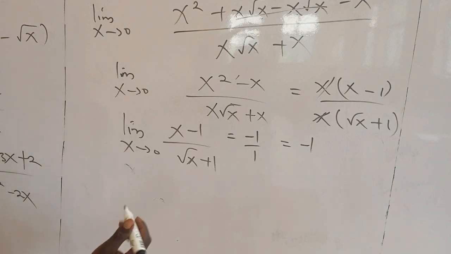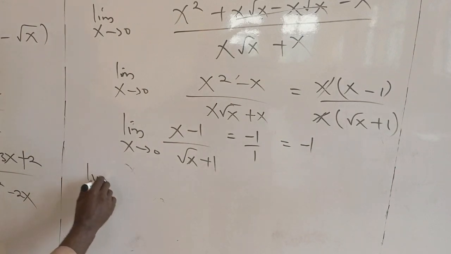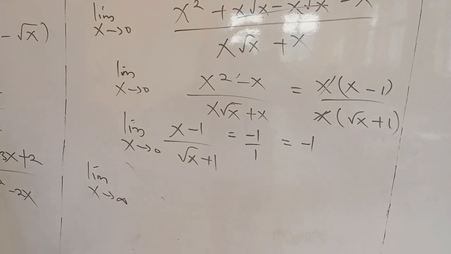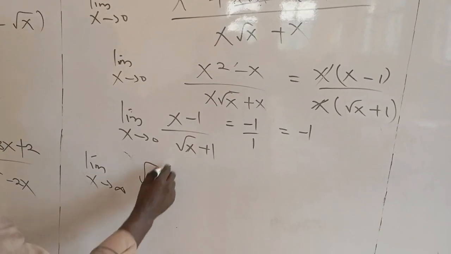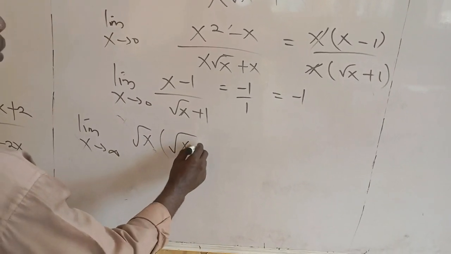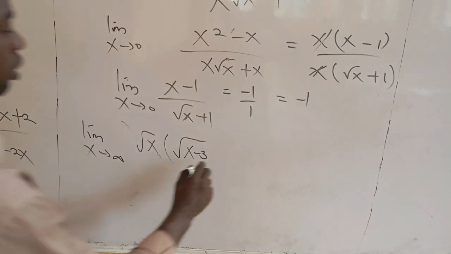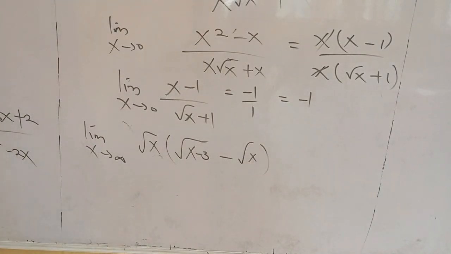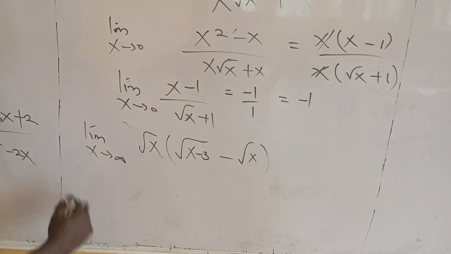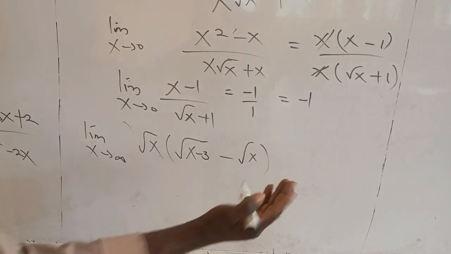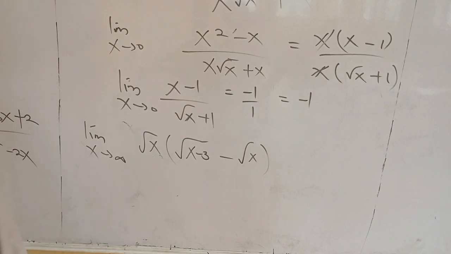So we can go over to solving the next question. We have the limit as x approaches infinity of root x multiplied by (root of (x minus 3) minus root x). If we substitute, we cannot substitute infinity into this whole thing; it is going to blow up for us.